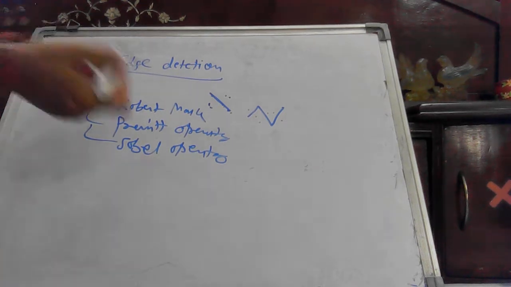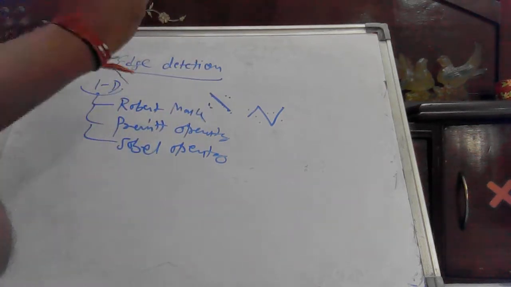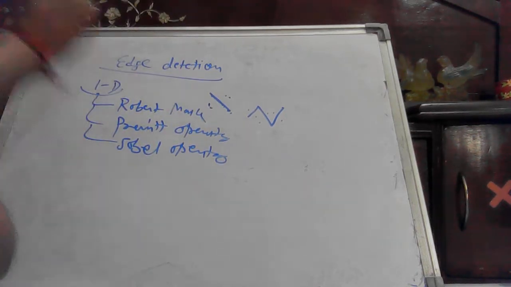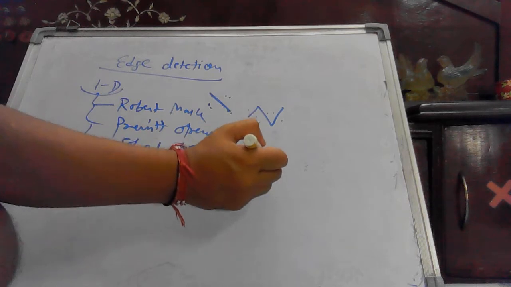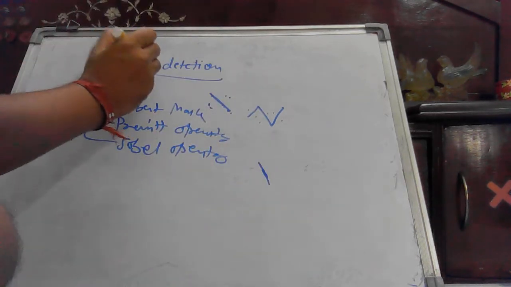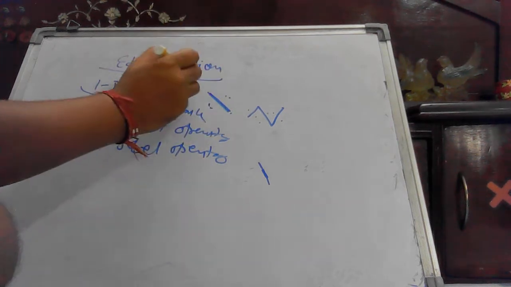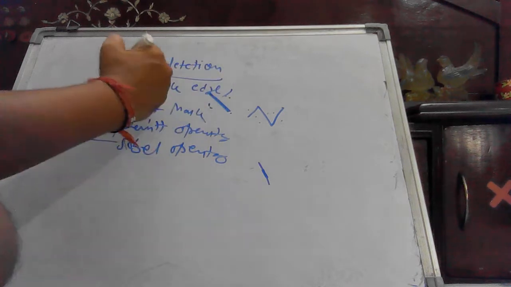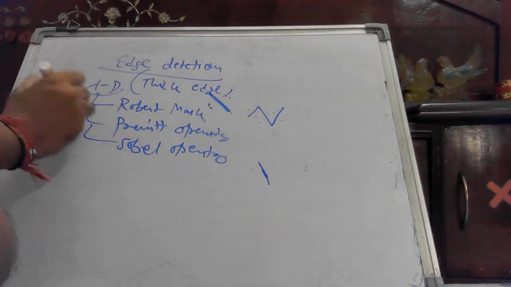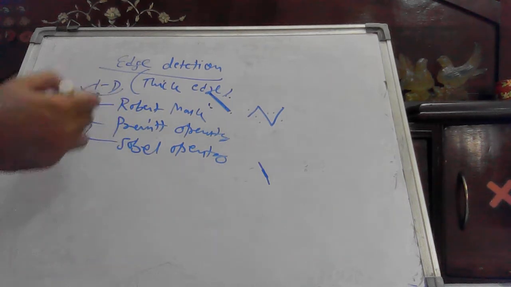And these three masks are very popular because, if you remember my lecture, I have already told you what an edge is. An edge could be thick in nature and it could be very thin in nature. If it is a thick edge, then it can be detected simply by using one dimension filters, or a one dimension operator or derivative.